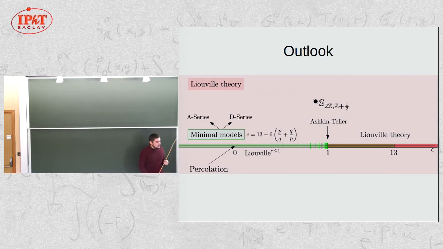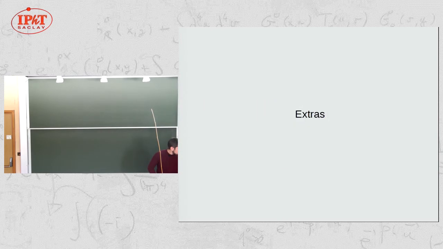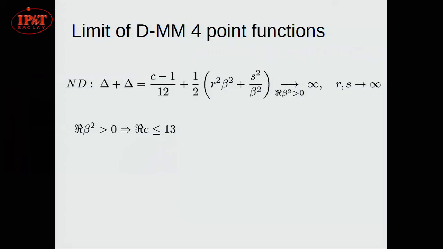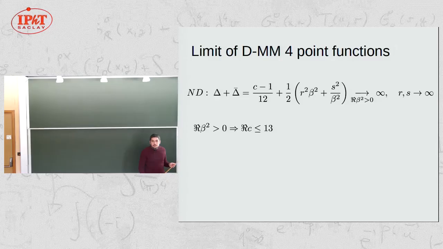But furthermore, we need the central charge to be less than 13 to keep the parameter beta real. I think I have an extra slide here. But this factor you subtract from 13 is never zero, because it's something plus its inverse.